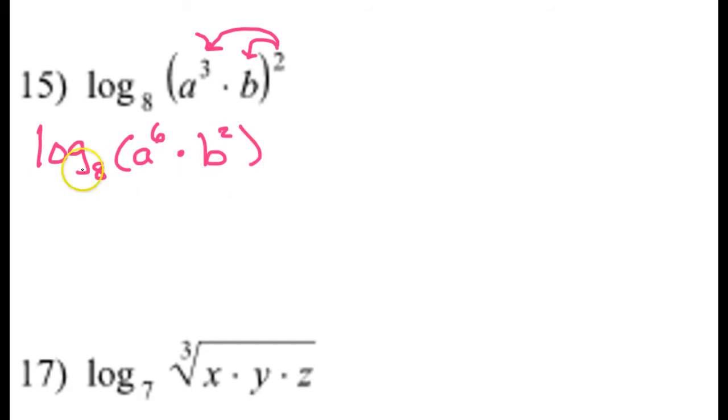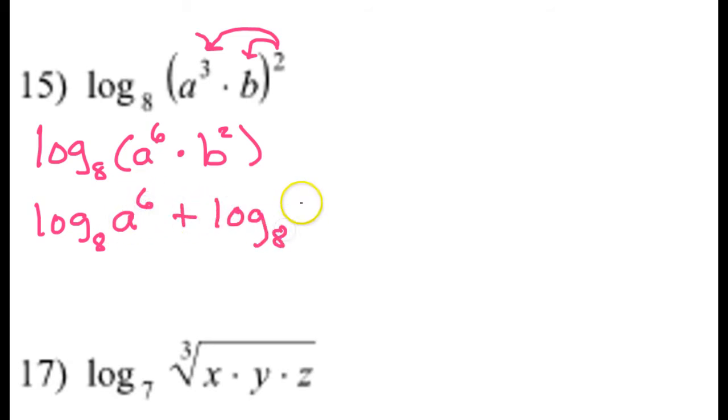For number 15, before we get started, we need to raise each of these to the second power. So the problem will first become log base 8 of, and then I will have a to the 6th power times b squared. So now we can use the product rule to rewrite this as log base 8 of a to the 6th power plus log base 8 of b squared.